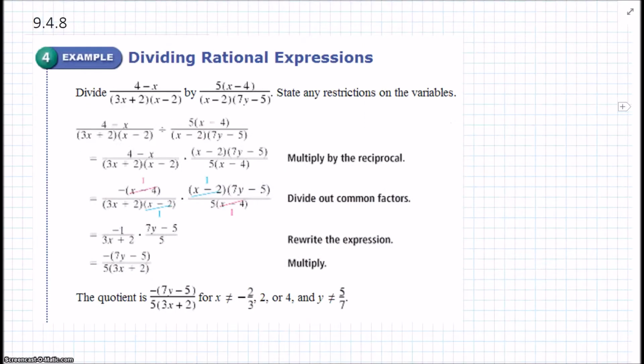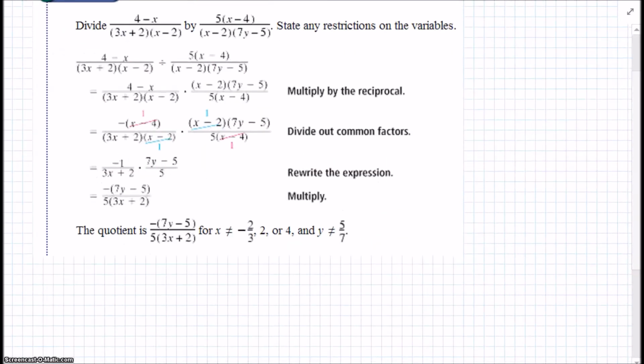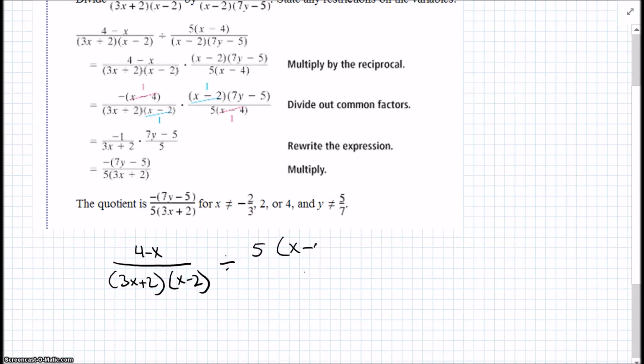Alright, next example. Divide rational expressions, okay? So here's what we got. We got divide 4 minus x over 3x plus 2 times x minus 2, divided by 5 times x minus 4 over x minus 2 times 7y minus 5.